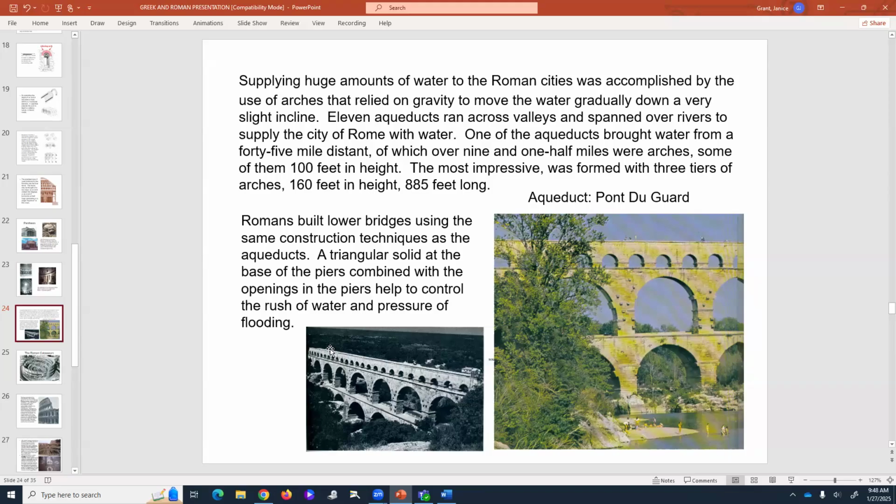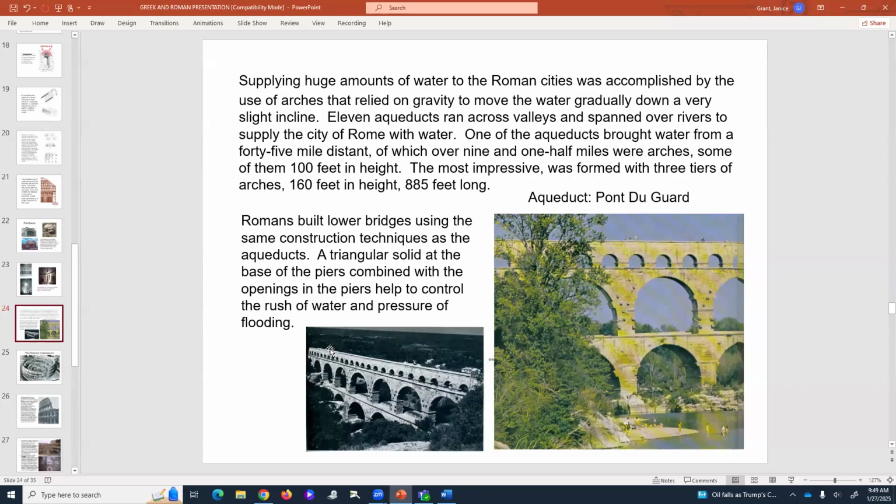Look at 11 aqueducts running across villages and valleys, spanning over rivers. One aqueduct brought water from a 45-mile distance. That's huge.